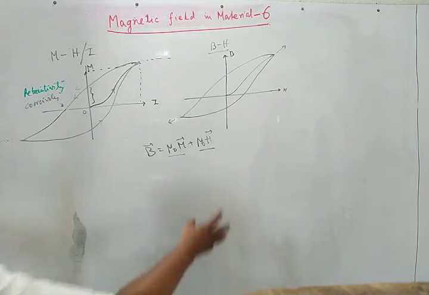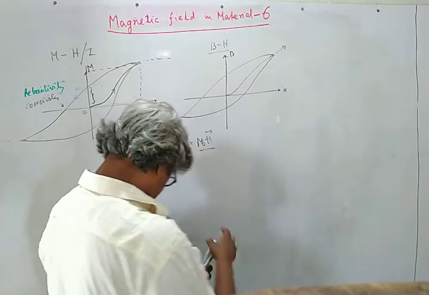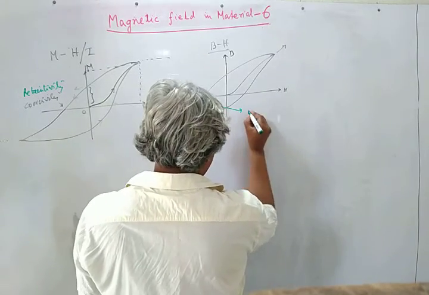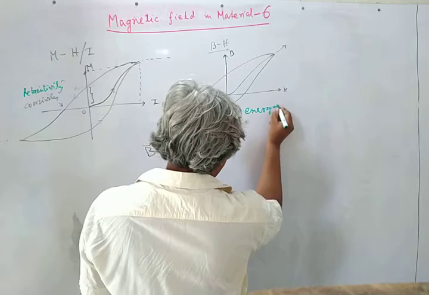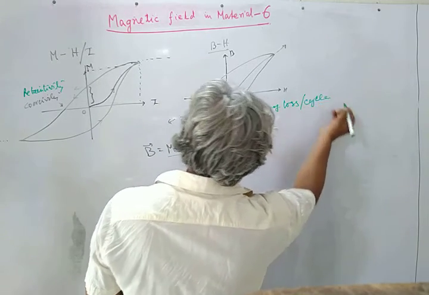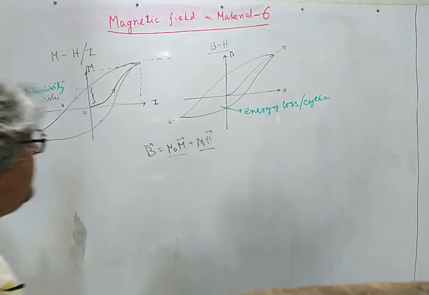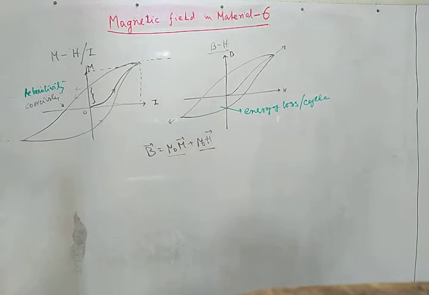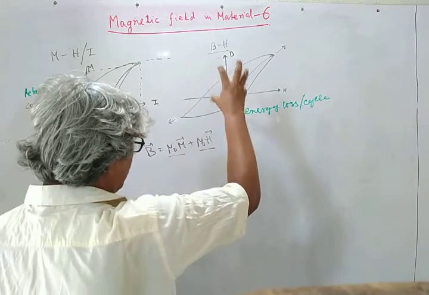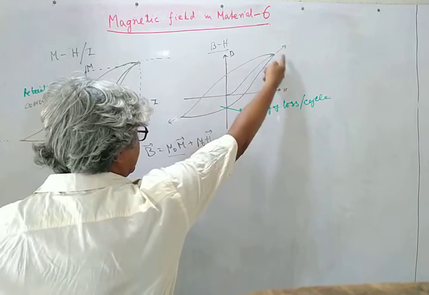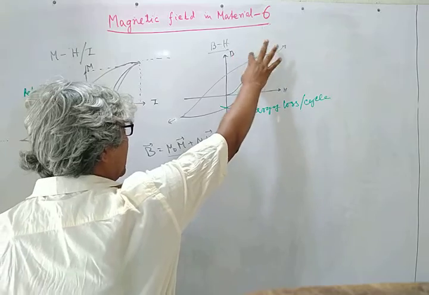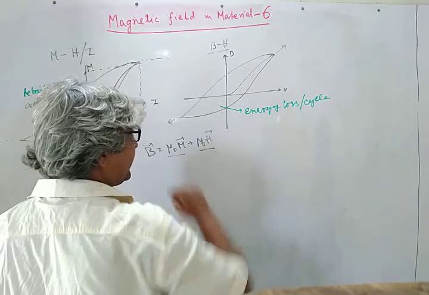And the area under the BH curve is a measure of the energy loss per cycle. That is, if we keep on magnetizing and demagnetizing, or subject a ferromagnetic material to a cyclic process of magnetization and demagnetization, this part we call magnetization, this is obviously demagnetization.